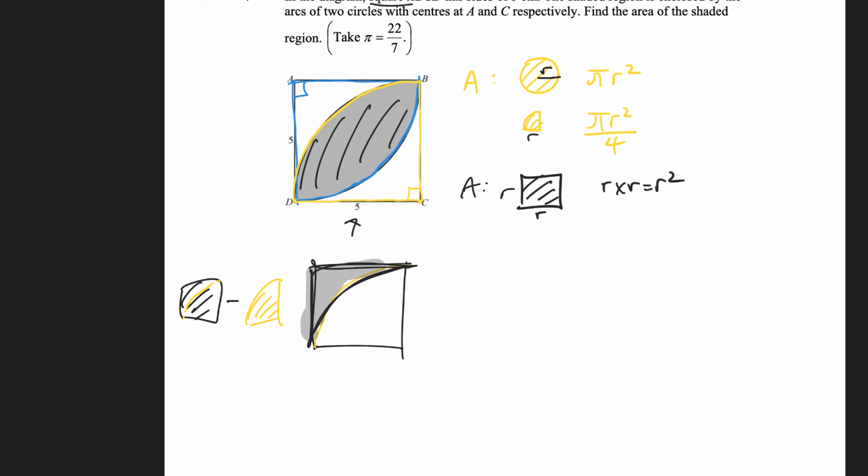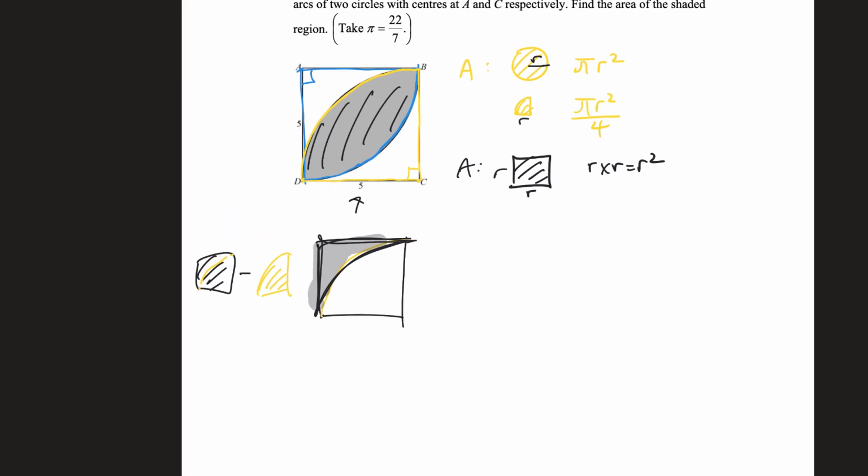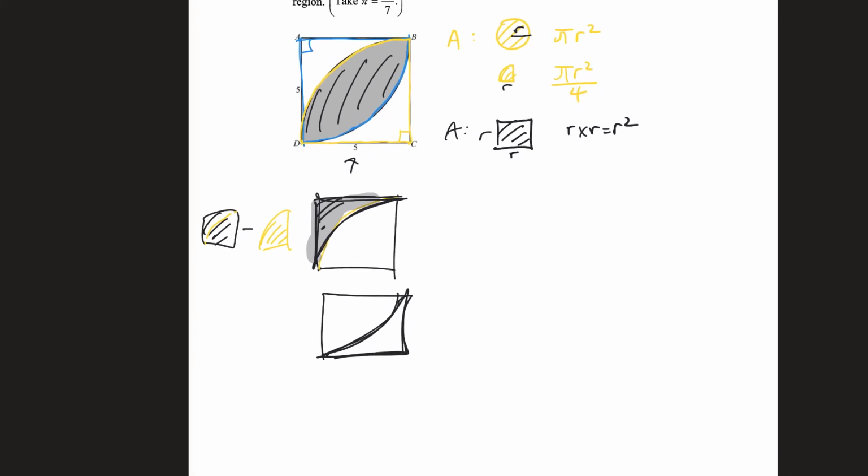So if we can find that section, then we know that that section is also the same area as this section, right? And so once we found this, we also found this.